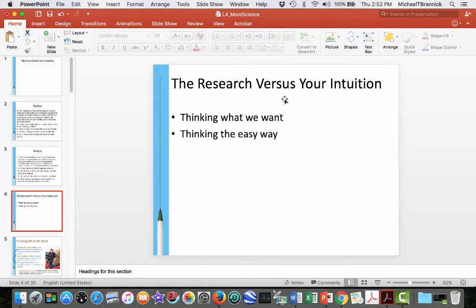So the next bit we want to talk about is research versus your intuition. What Morling says is we have problems because of thinking the way we want. So we're motivated to believe certain things, and we try to live our lives so that we get our beliefs confirmed rather than disconfirmed.